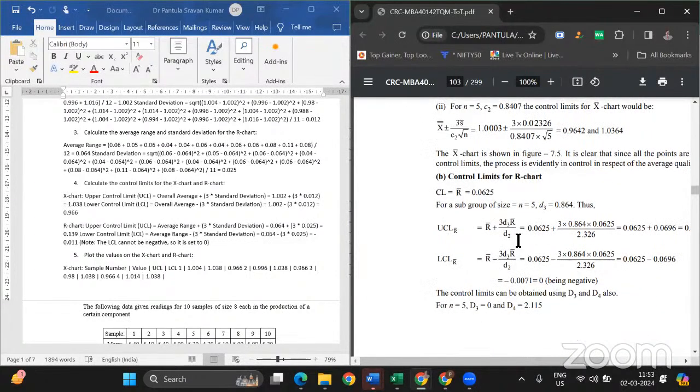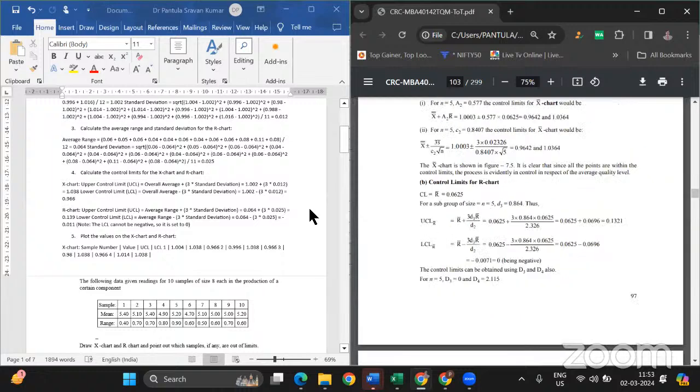And R charts also we have calculated. You can see here that the slope is 0. Like that we are going to get. So I don't have any kind of board. If you draw this, it takes like 1 hour to calculate. Try to understand. Okay, upper control limit, lower control limit, central limit.